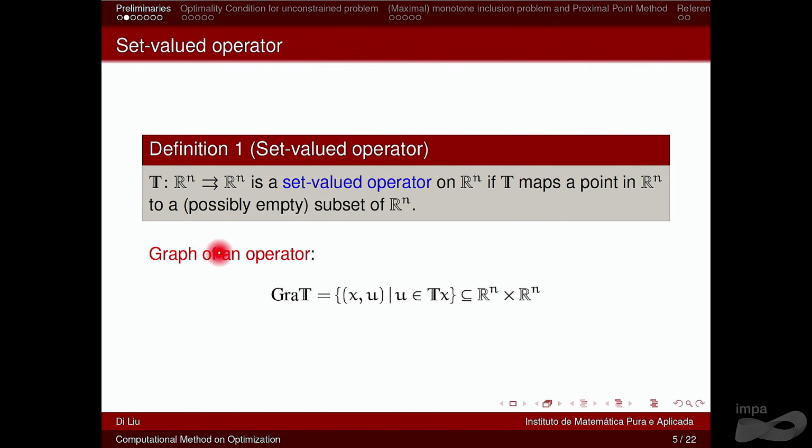And then we define the graph of this operator as a set in the higher dimension space, which is Rn times Rn, the pairs of x and u, where u is in the image T of x. Actually, sometimes we use graph T, or sometimes we use T itself to represent the graph of this operator.